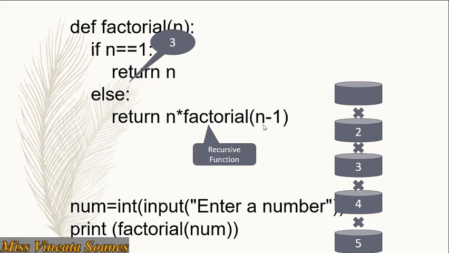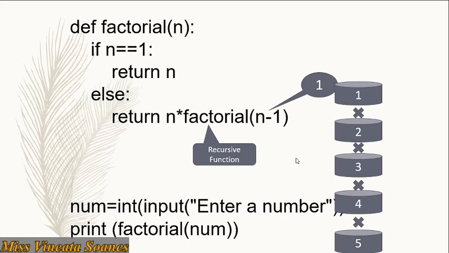But after 2 into factorial, when 2 gets stored in the stack and you're calling this factorial with 2 minus 1, so that means you're sending 1. When you're sending 1, that's when you will see that n is equal to 1. That's when you're going to return n, and n right now is equal to 1, so you are returning 1.